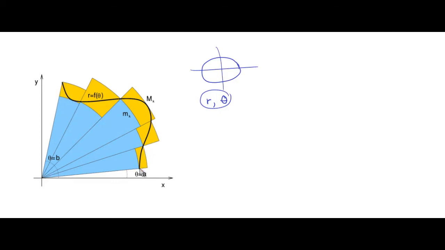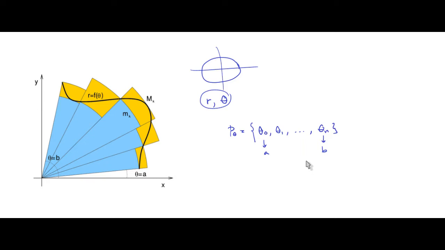We partition the interval of angles into a set of intervals, such that in each interval we have a circular section. So we have our partition of theta, which starts at theta 0, theta 1, and so on up to theta n, where theta 0 is a and theta n is b.